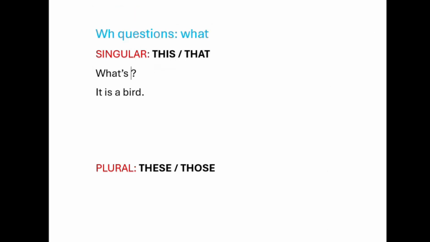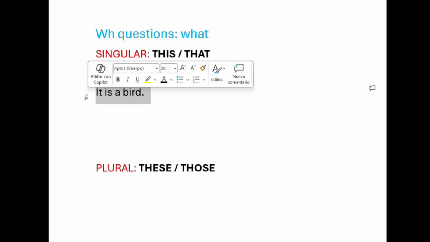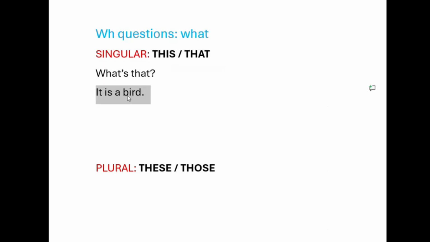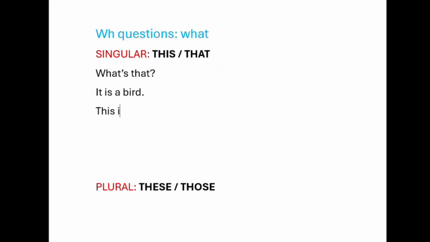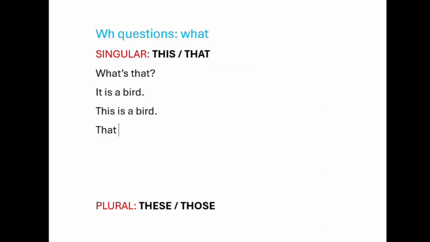From a distance, you look at the bird and you can ask, what's that? And the person or the people are going to answer, or you can answer with the same pronouns, for example, like this: this is a bird if the bird is close, or that is a bird if the bird is far away.